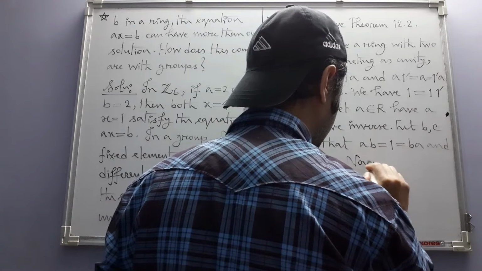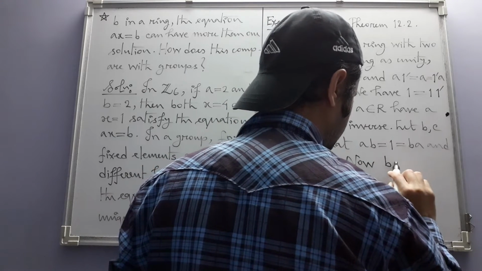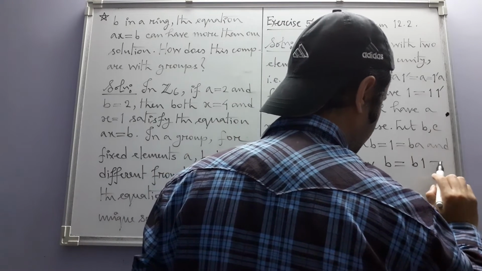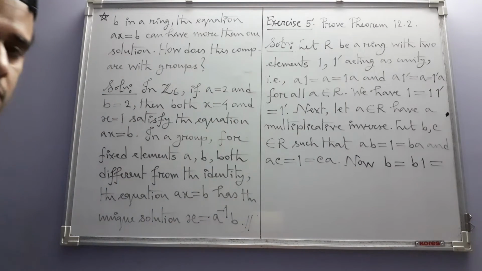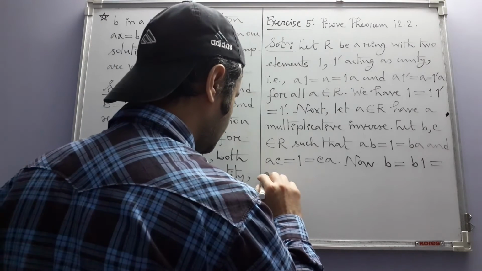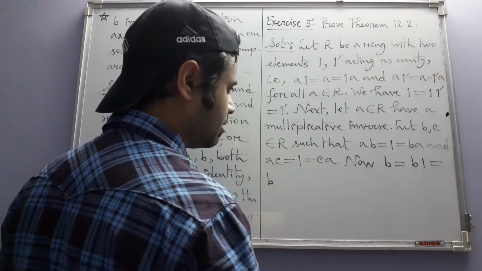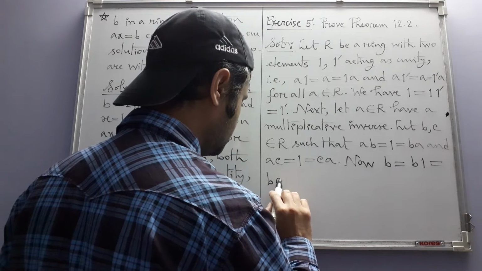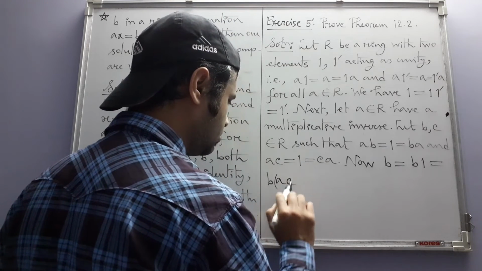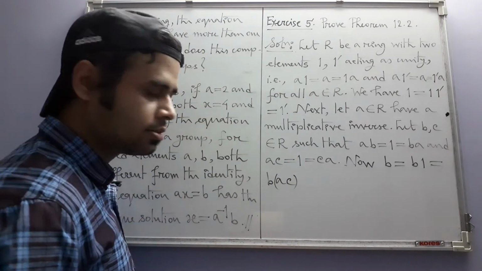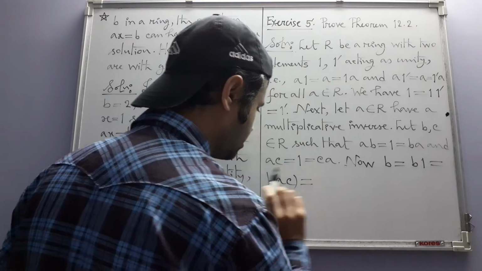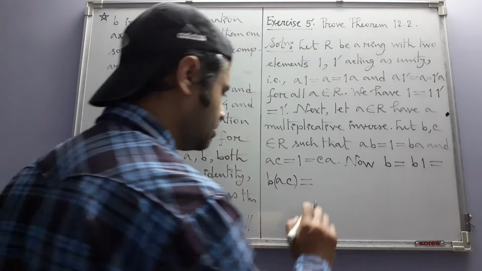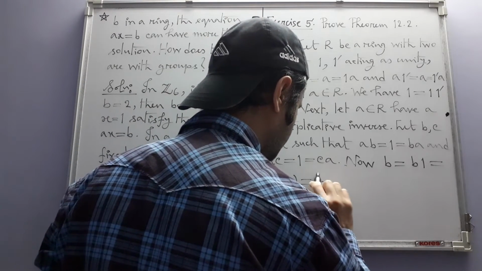Now B is equal to, in place of B we can write B1 because 1 is unity. Now in place of 1 we can write AC because AC is 1. Using the fact that multiplication is associative, this product can be written as BAC.